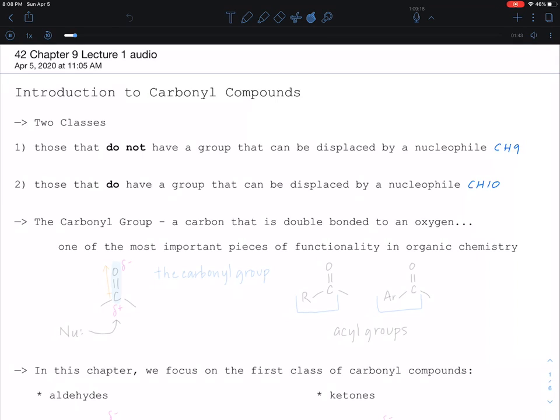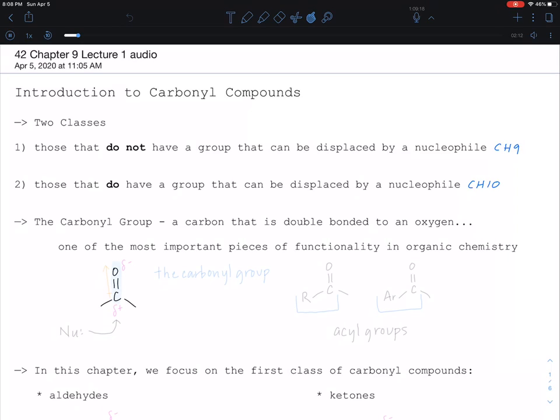But I want to introduce you to the carbonyl group and explain a little bit about what it looks like and how it can function. I'm going to draw just a generic carbonyl. It's a carbon that's doubly bonded to an oxygen, and then depending on the functional group, there'll be two more bonds coming off of the carbon.